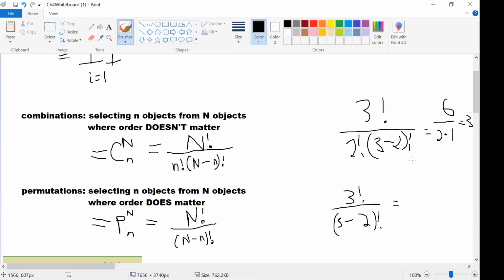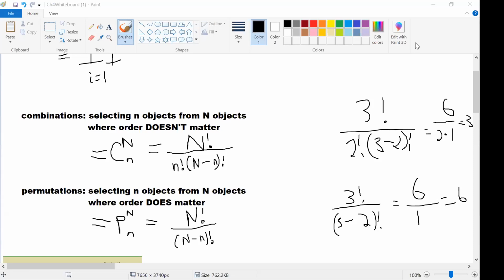So in that case, 3 factorial is still 6. 3 minus 2 is 1. 1 factorial is 1. 6 different ways. And you'll notice that 6 checks out with the example we gave at the beginning. In the example at the beginning, we had n factorial. The reason why this happens to match exactly is because we picked every single card except for 1.